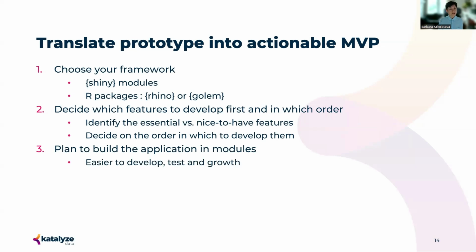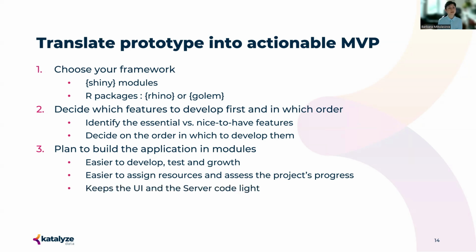This is because modules are easier to develop, test, and grow. They're also easier to assign resources to, and then these modules can be used to track the overall progress of your application's development. Additionally, they allow us to keep the user interface and the server code light.